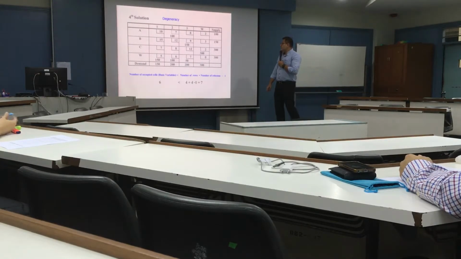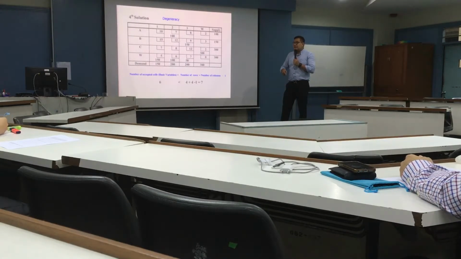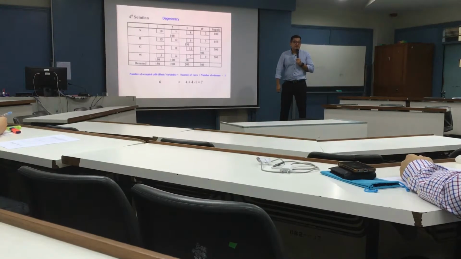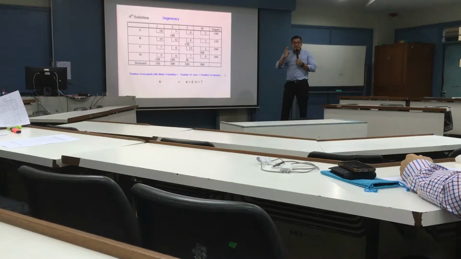For the degeneracy case, it means that for the transportation, you're going to have some empty cell for which you cannot draw the closed path. Remember that I said every empty cell you're going to have one closed path. But for the degeneracy case, you're going to have some empty cell for which you cannot draw the closed path.